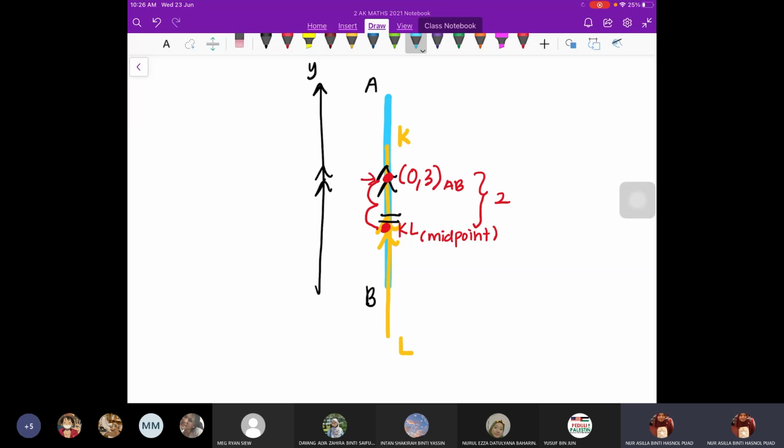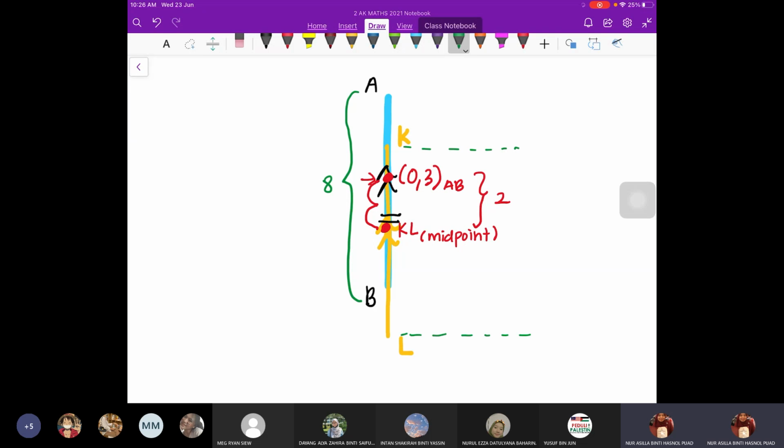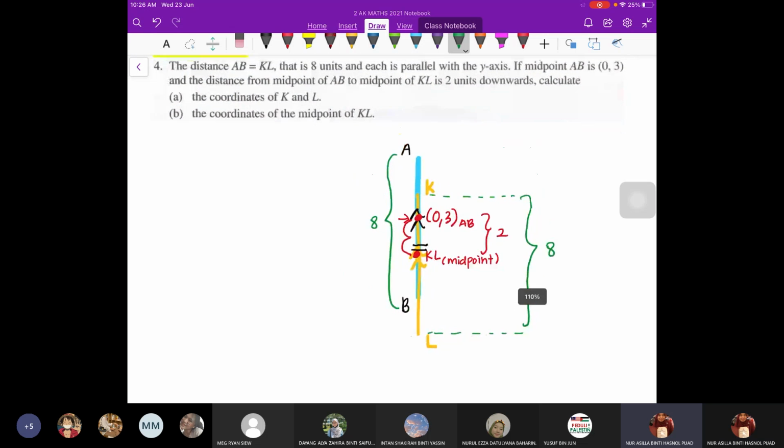Dan distance A pergi B, hijau. Okay, A pergi B adalah 8 unit. And then K kat sini, L sini. K pergi L, 8 unit juga. Okay, nampak. So, itu maksudnya.